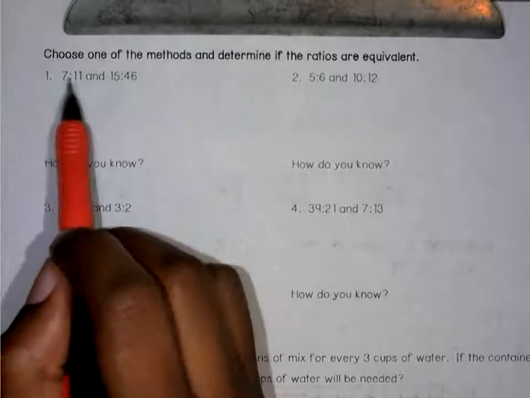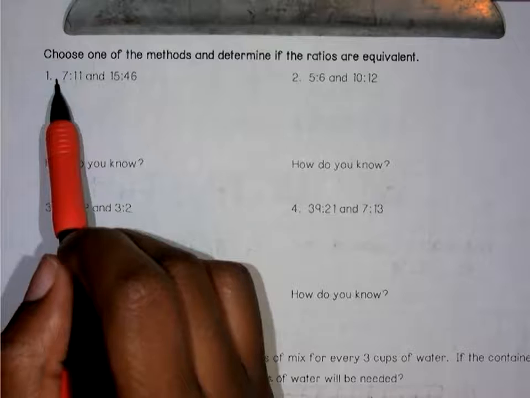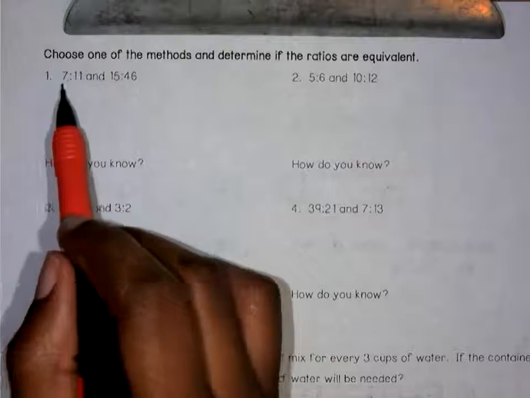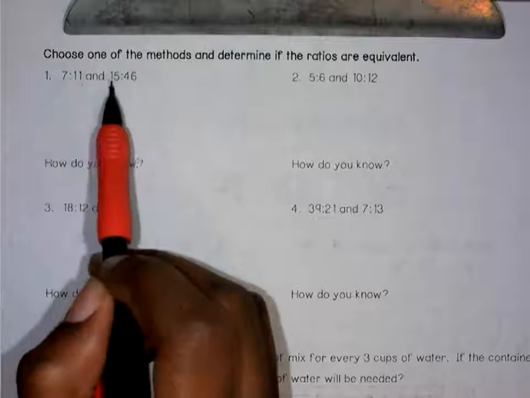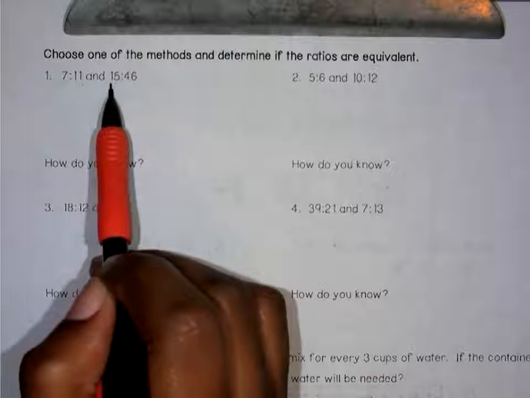All right. So in this scenario, or honestly, you can simply say, do the two numbers, can they be simplified and the other one equals the other one? Because that's how you can figure out if it's equivalent. So you have 7 to 11 and 15 and 46. I'm looking at, does 7 and 15 have anything in common together? Do they have any same factors?